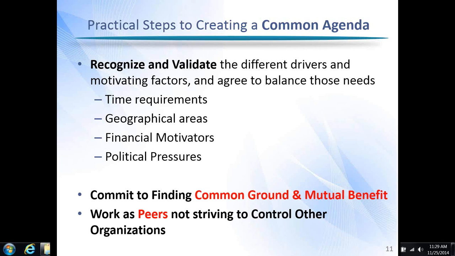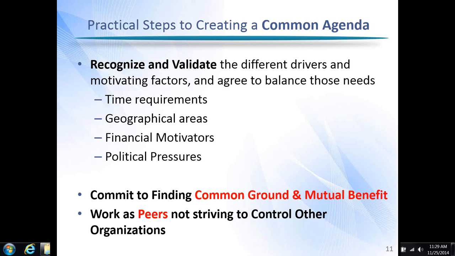And a key part of this is that everyone should come to the table saying we're working as peers. There's usually a steering committee as opposed to one organization that's running everything, which is why we tend to recommend distributed backbone support. And if you have a backbone organization, they should embrace the concept of servant leadership.